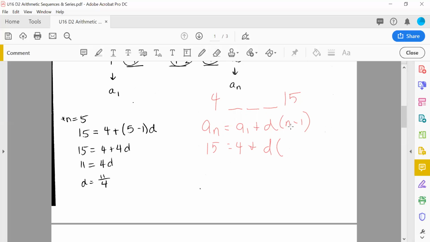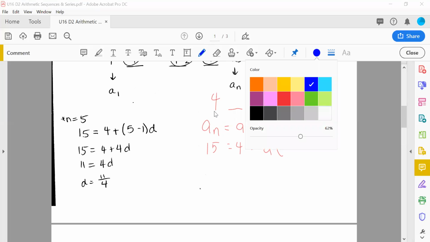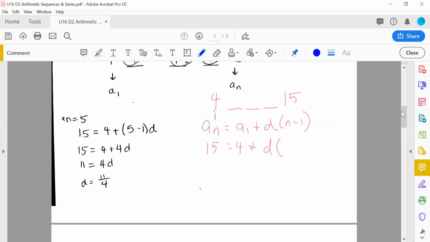N represents the number of terms, including the dashes. So I'm going to use a different color for this here. So there's 1 term, 2 terms, 3 terms, 4 terms, and 5 total terms. The dashes and the 4 and the 15 are 5 total terms. So it's 5 minus 1. Okay, because there's 5 total terms, n equals 5.